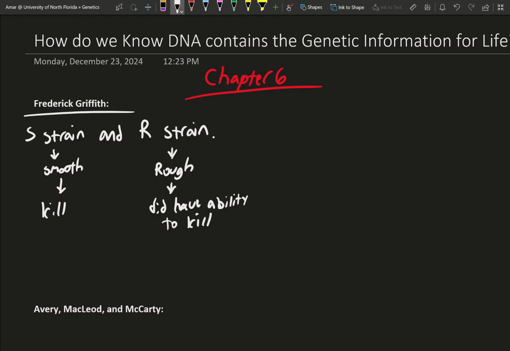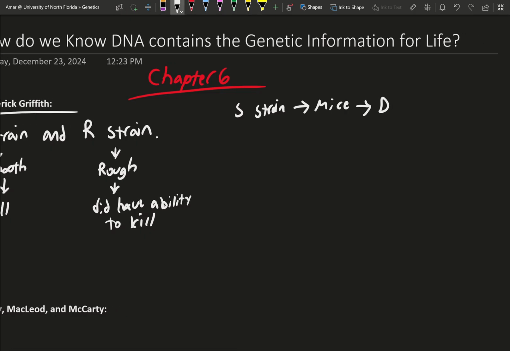Essentially, he had 4 different experimental groups that he wanted to look at. The first was to take the S strain, inject it into mice, and the mice would obviously end up dying.